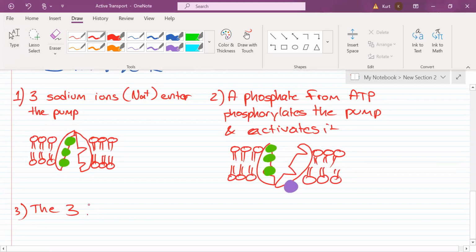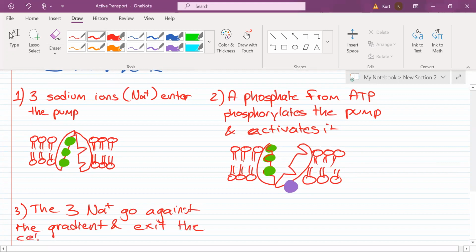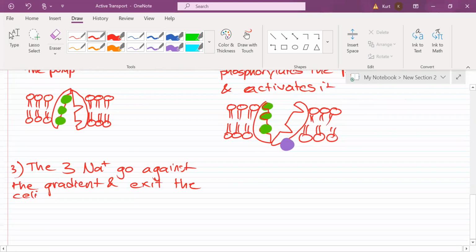The 3 sodium ions go against the gradient and exit the cell. The cell in this case is a neuron. I'll get to that. They exit the cell where there are more sodium ions.